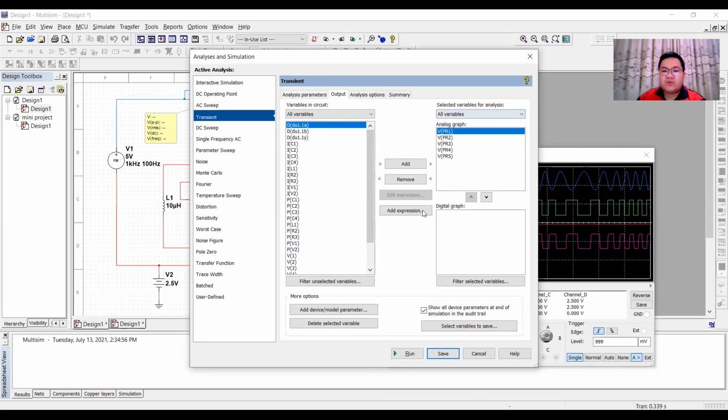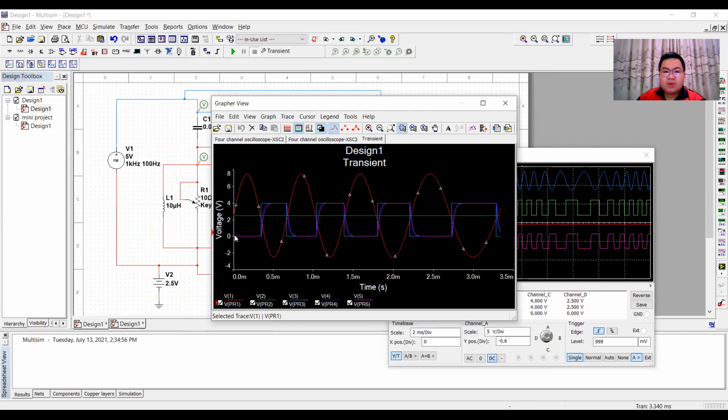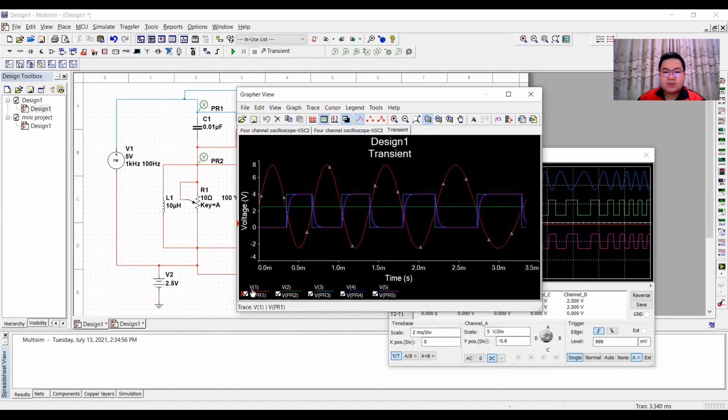So we can get the answer by using transient simulation. I press run, and this is the graph that I get for the transient simulation.